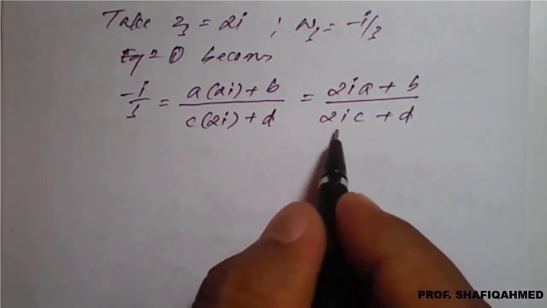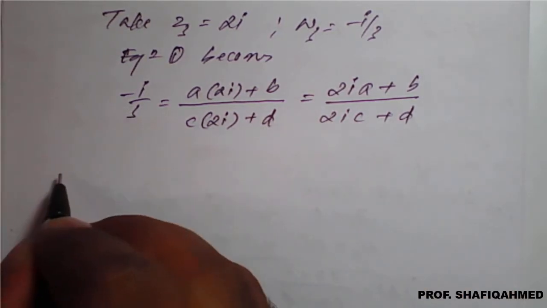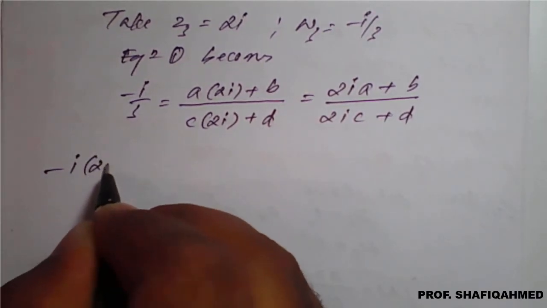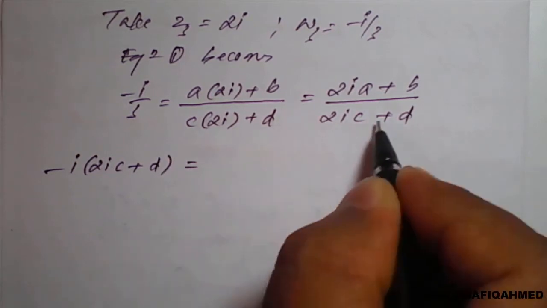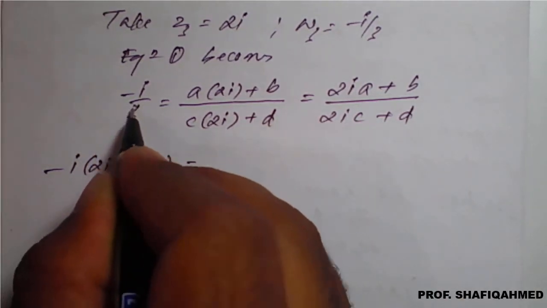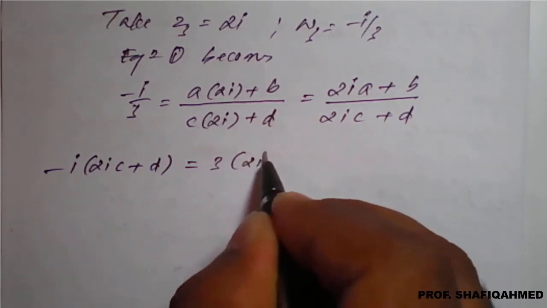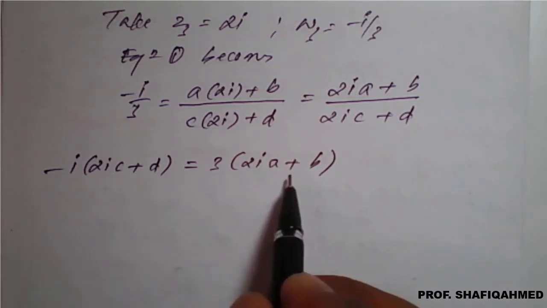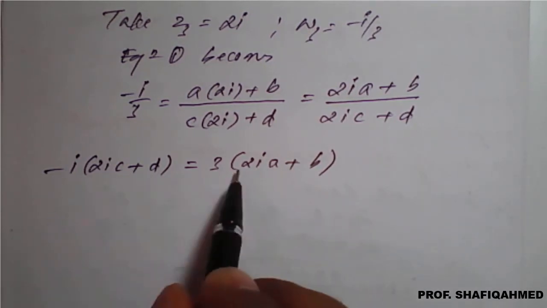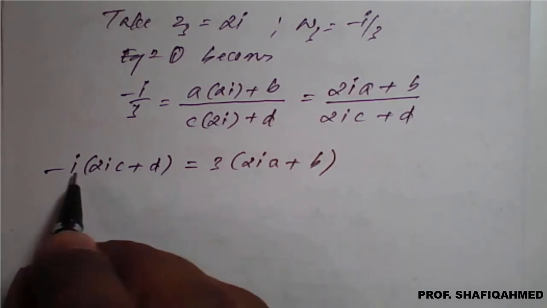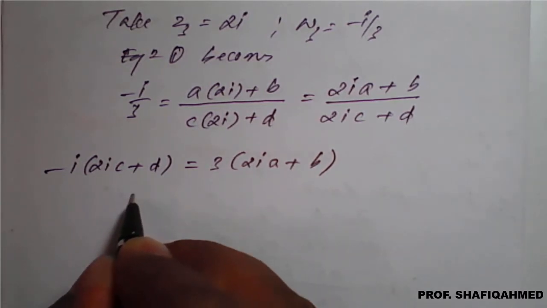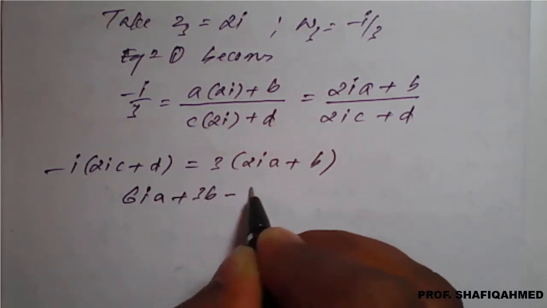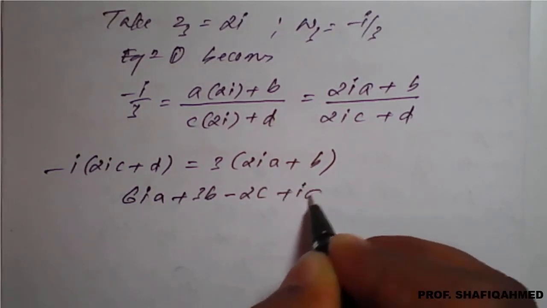On cross multiplication, the denominator goes to the left-hand side and the 3 to the right-hand side: -i(2ic + d) = 3(2ia + b). After opening the brackets and simplifying, we get 6ia + 3b - 2c + id = 0.